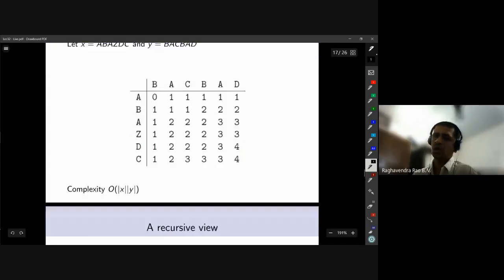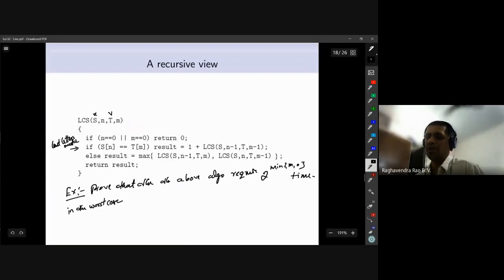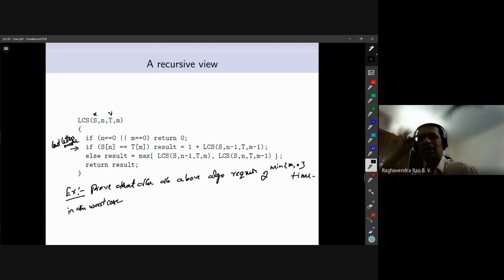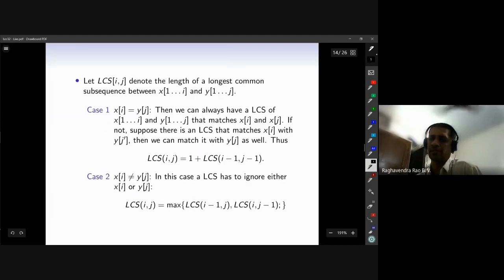So here is a simple iterative version of it. The observation is again the same. How many recursive calls are possible here? If you stare at this recursion, this is a straightforward implementation of this case analysis, nothing else.